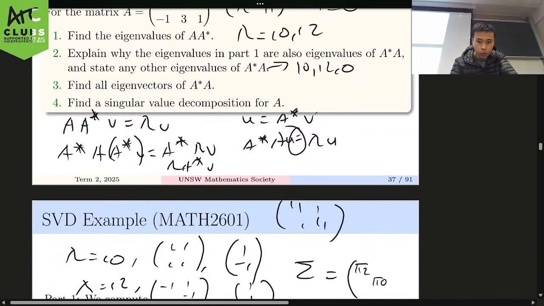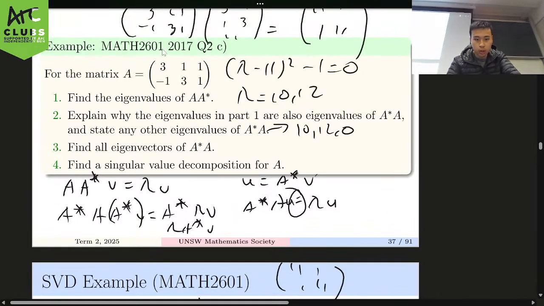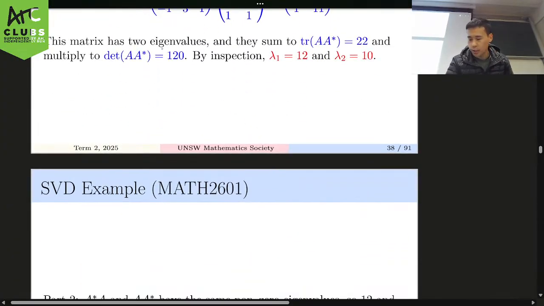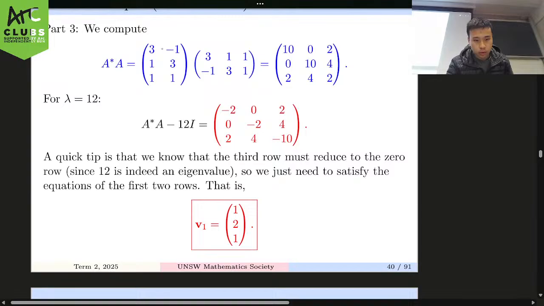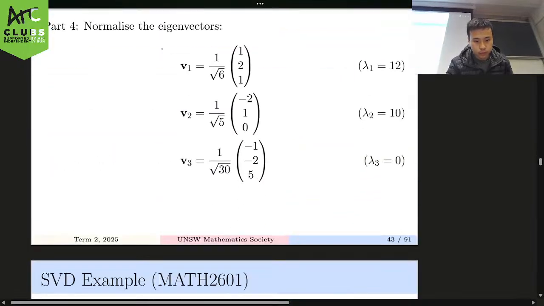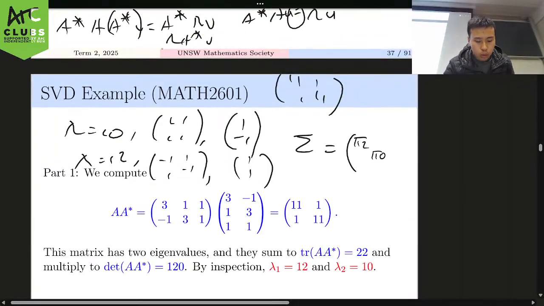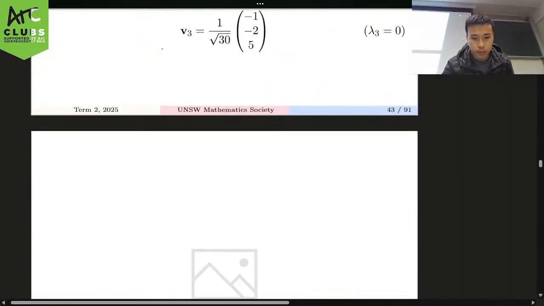Okay, I'm just going to cheat here. It has 2 rows. What is this sigma?